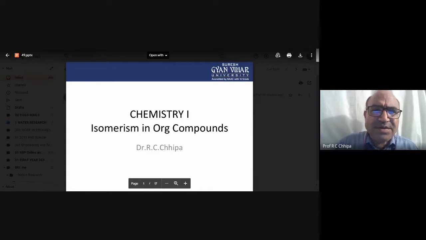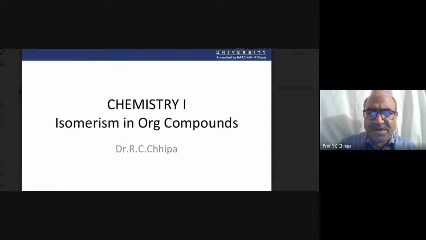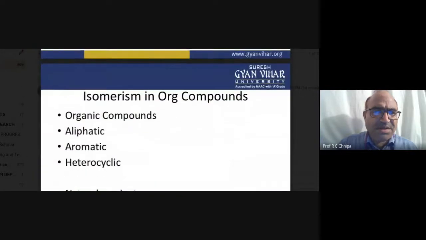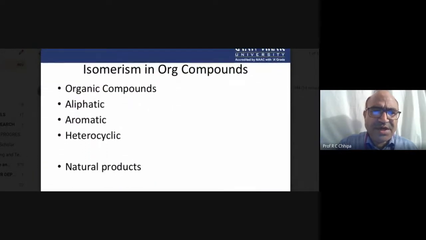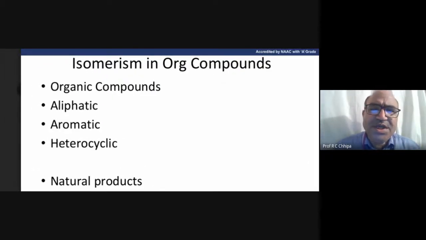So let us continue with isomerism. Here, we have already discussed the organic compounds, the aliphatic compounds. Aliphatic means ali, the fat. So aliphatic compounds are there. Then we have the aromatic compounds.